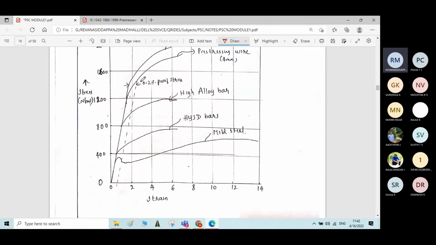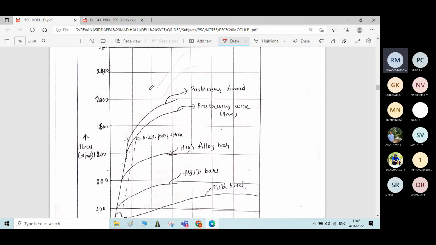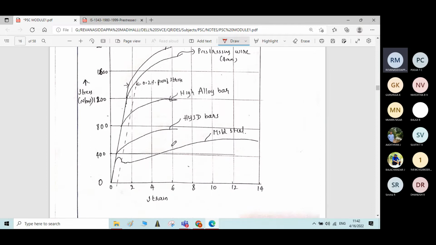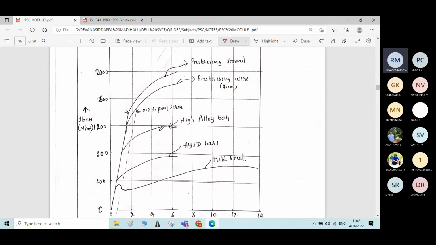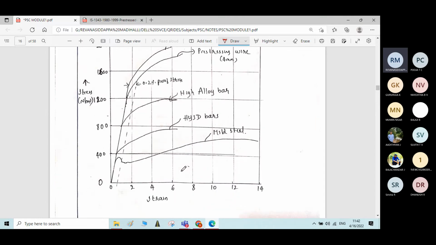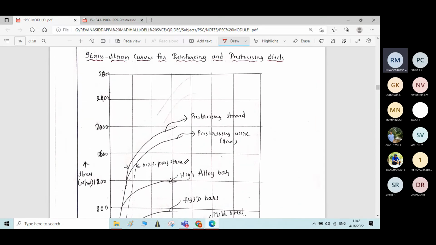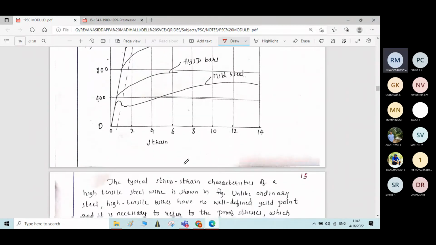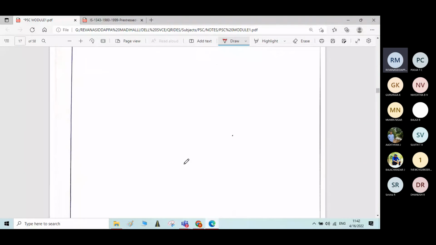It is able to undergo large deformation compared to mild steel or the HYSD bar, and even the ultimate load of the pre-stressing steel is higher compared to the HYSD bar or mild steel used in the RCC element. This is the behavior of pre-stressing steel used in the pre-stressed concrete element.